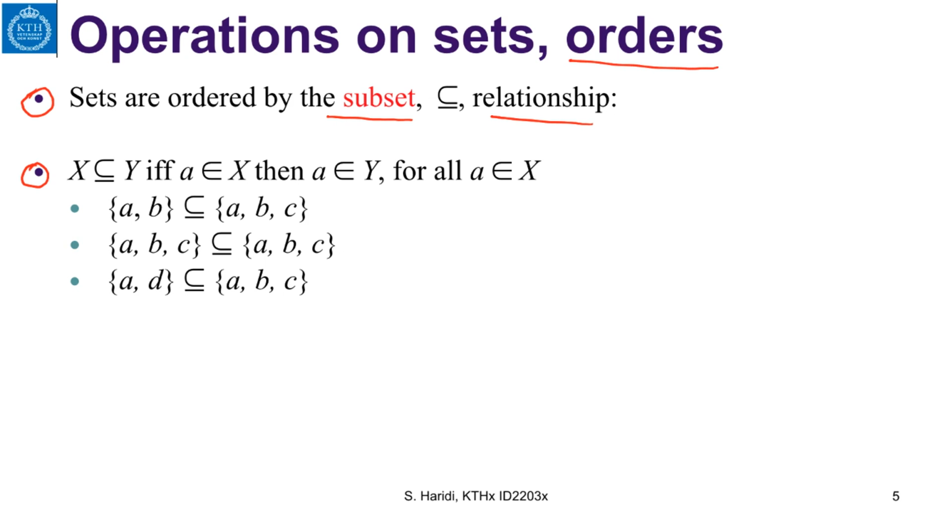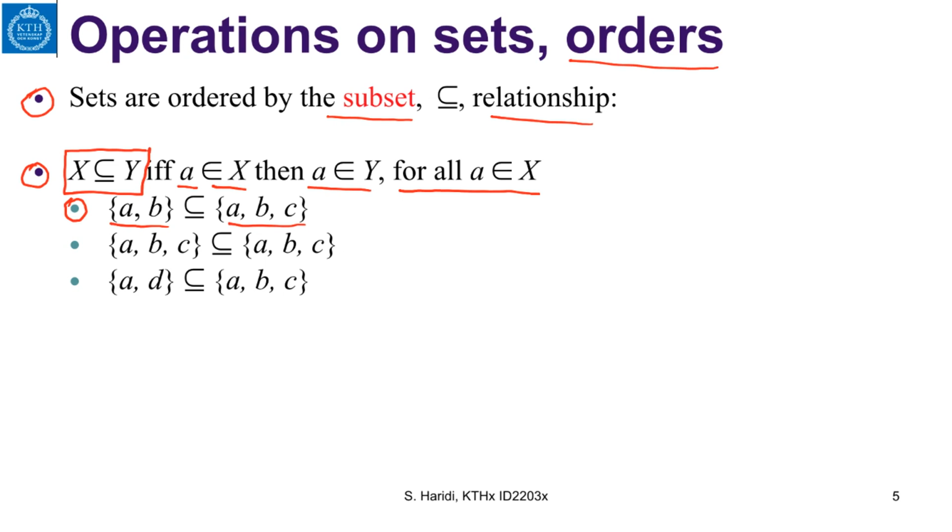The subset relation between two sets X and Y, which says X is a subset of Y, means that if A is an element of X, then A is also an element of Y. We are really defining the subset relation, and that holds for all elements A of X. So you can see here the set AB is a subset of ABC because each element in the first set is also included in the second set.